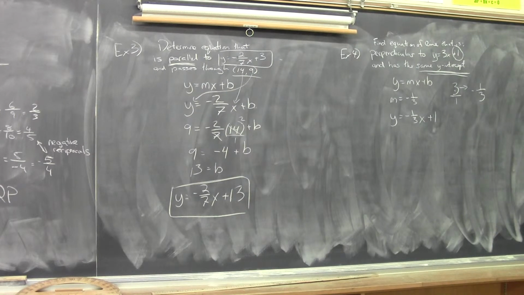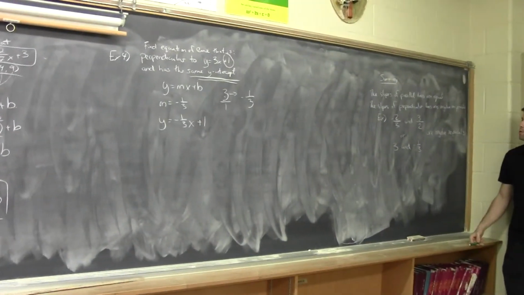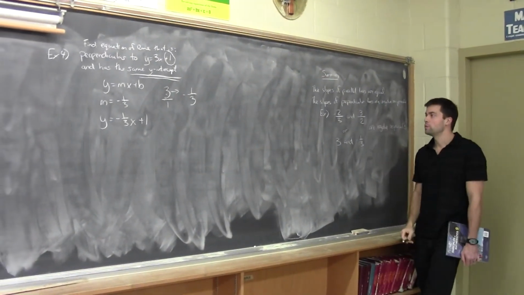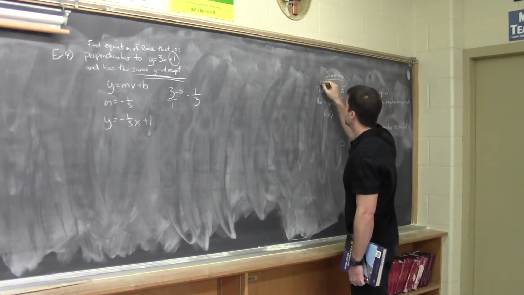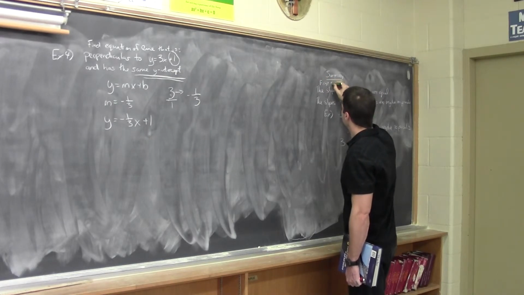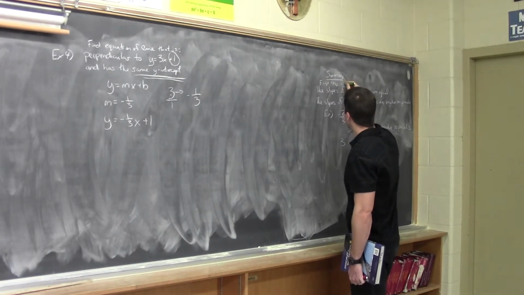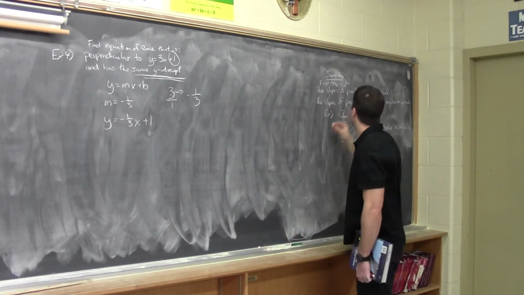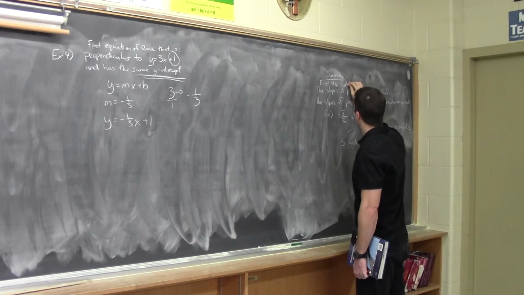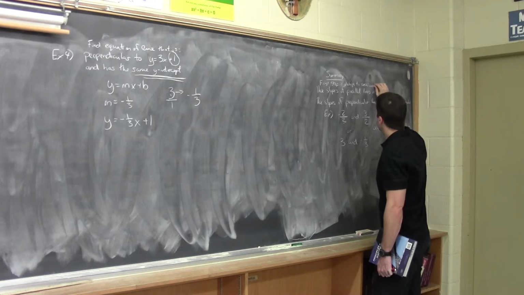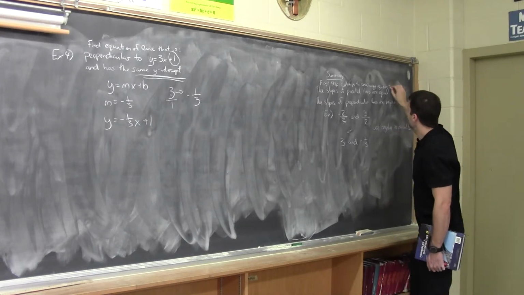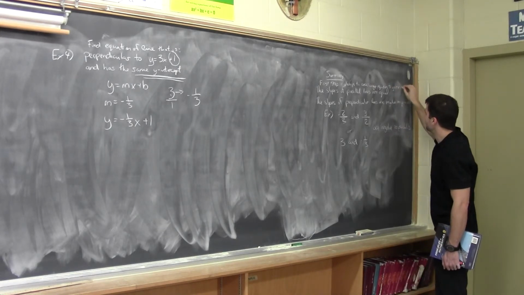All right, in summary. Almost done here. The slopes of parallel lines are equal. So that means their m are both the same in both equations. I should say, actually, in summary, first step is always to rearrange the equation to y equals mx plus b.